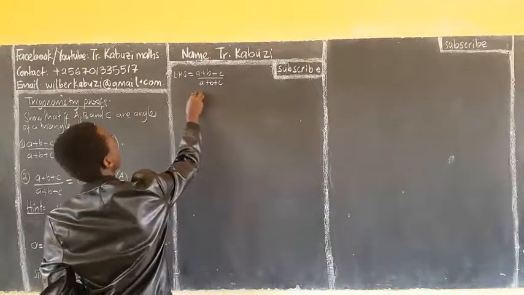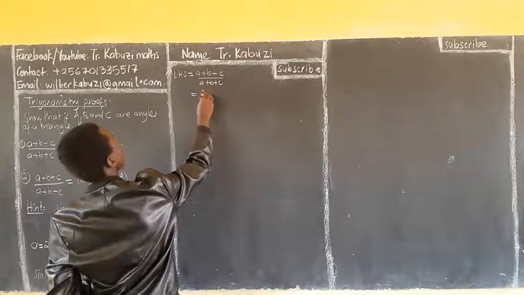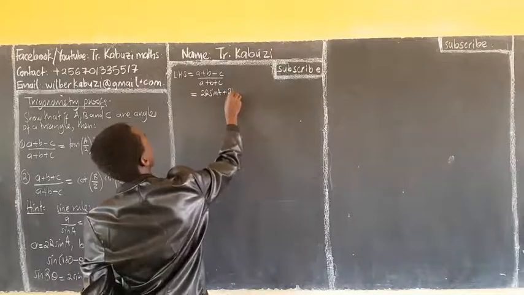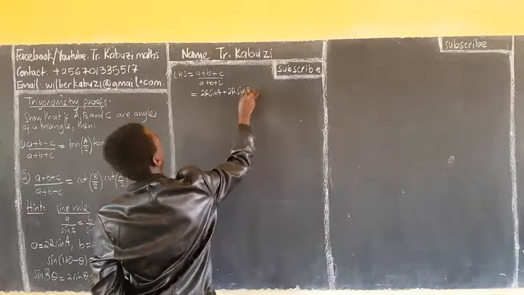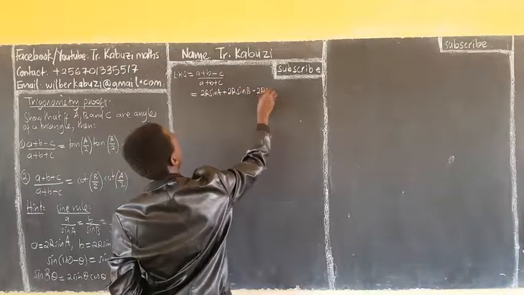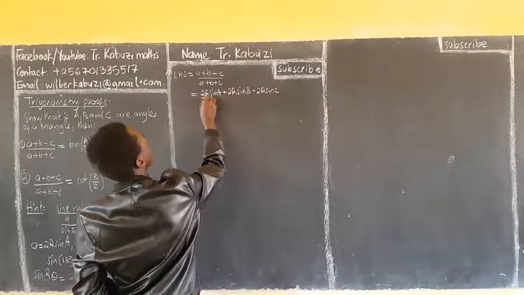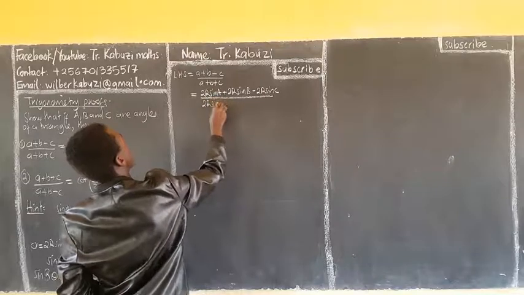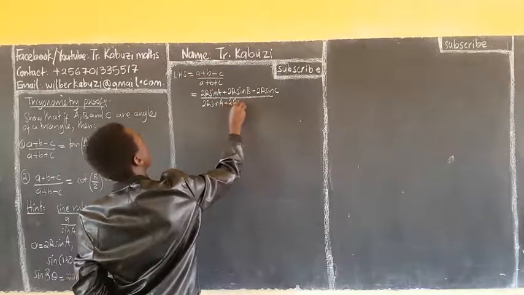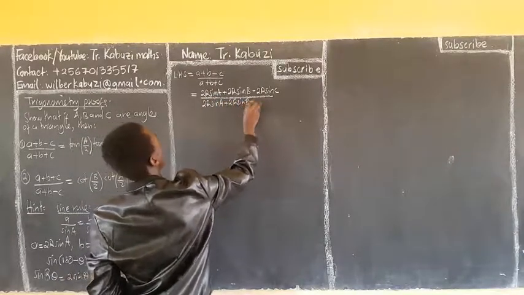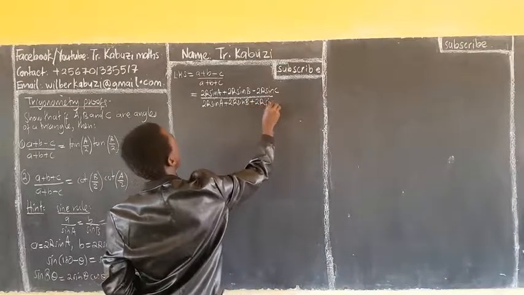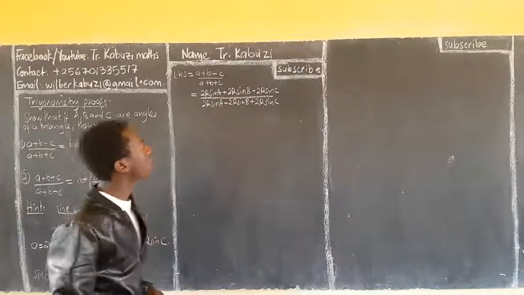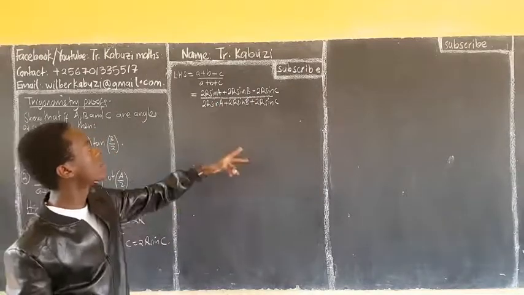So this will now be a is, sine C. Now 2R is going to be common.